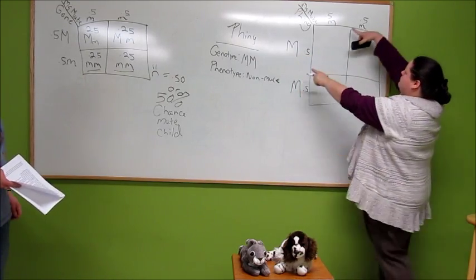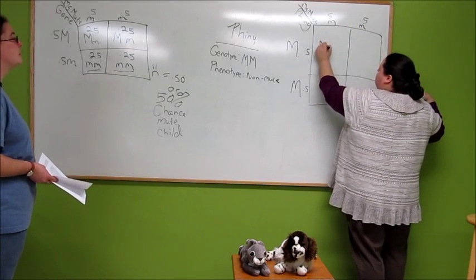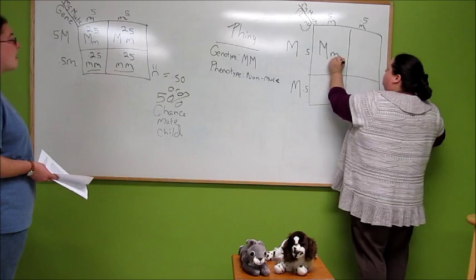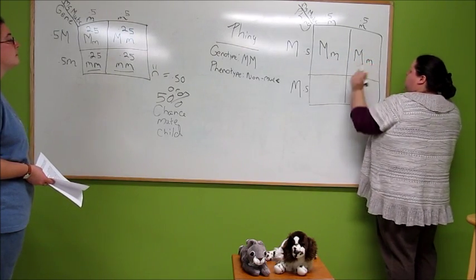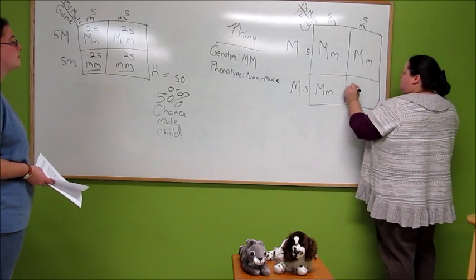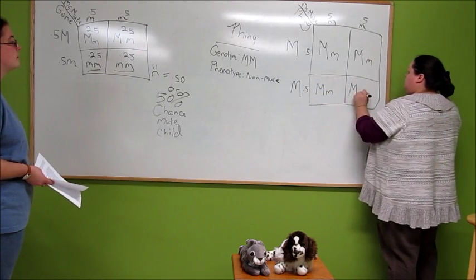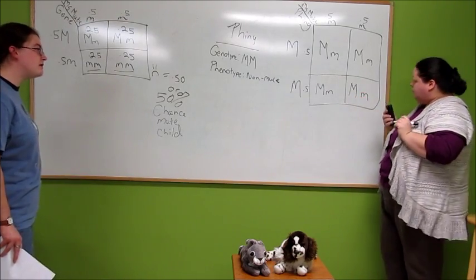Great. So, one allele from you and one allele from him, and we get the genotypes of, well, all of those are the same genotype.